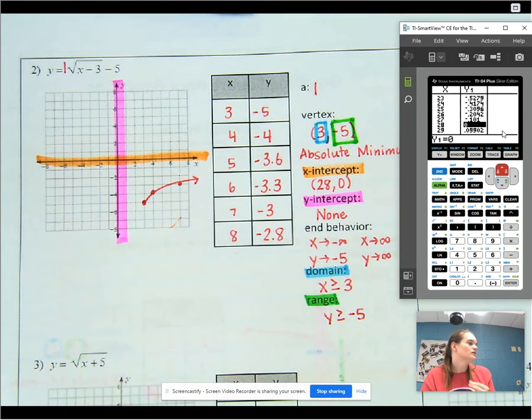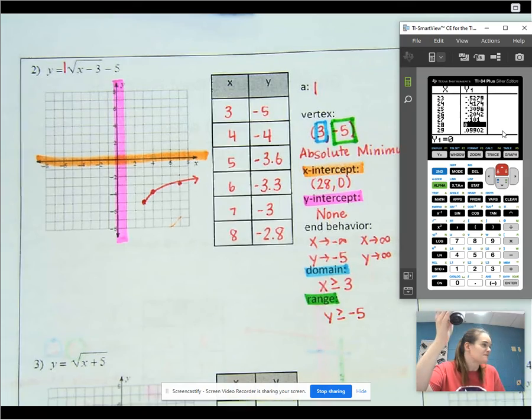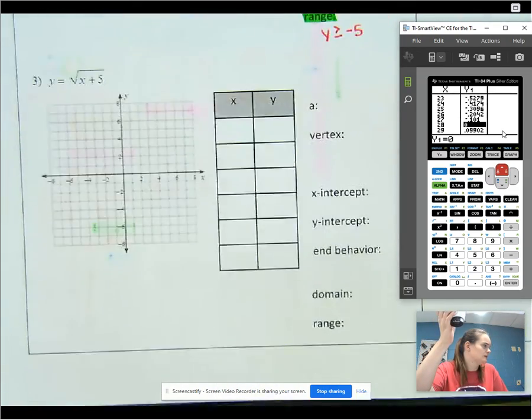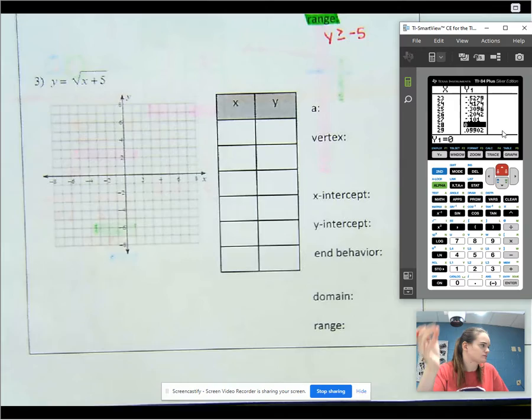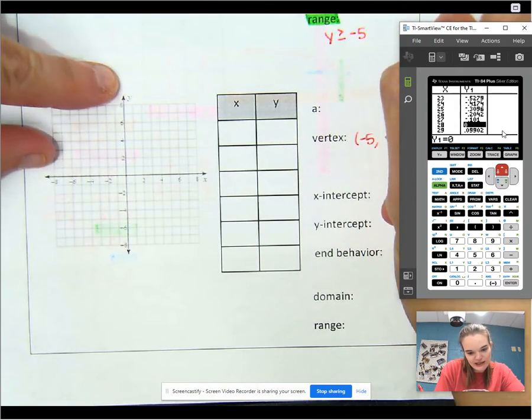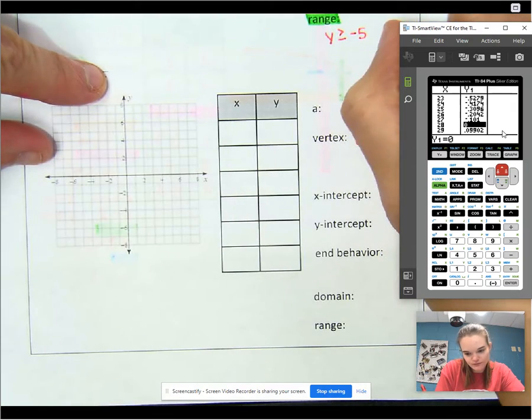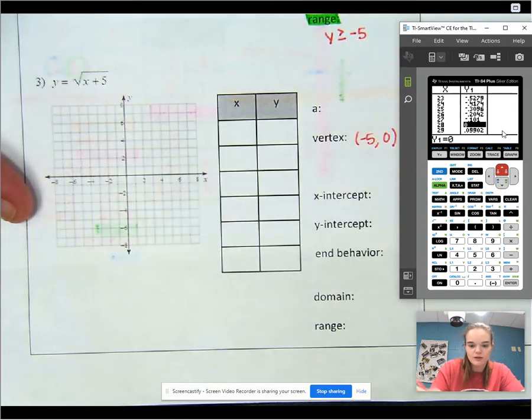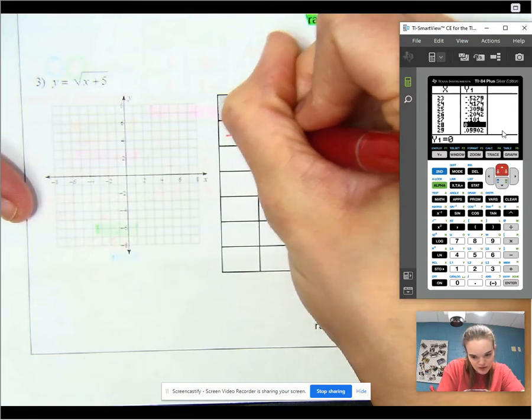Pause your video, try 3, 4, and 5, and I'm just going to go through all of them real quick. Okay, number 3, the vertex. Change, leave, since it's not here, it's 0. Then negative 5, 0.